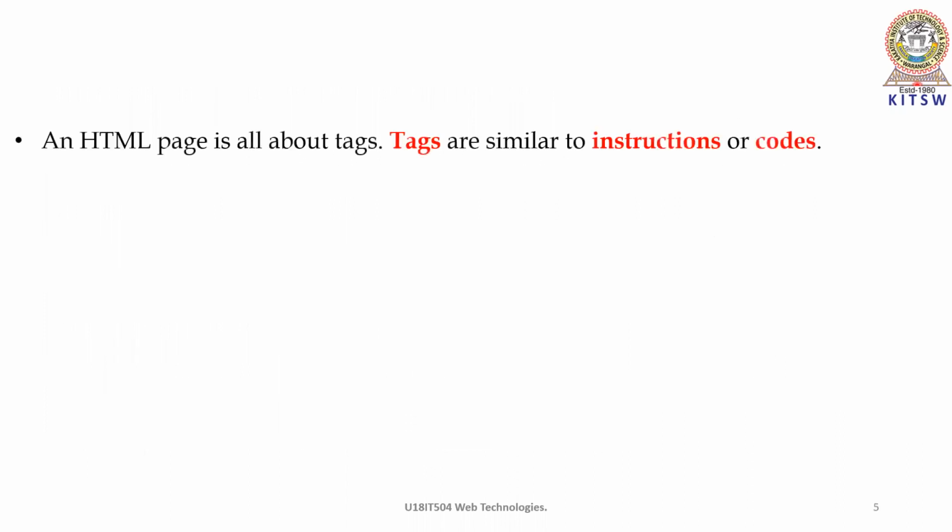Next, an HTML page is all about tags. Just as we have seen, it contains information and tags. What does a tag mean? Tags are similar to instructions in C language, instructions in Java, or instructions in C++.